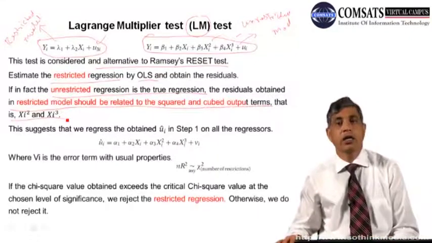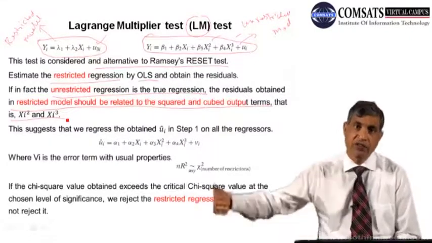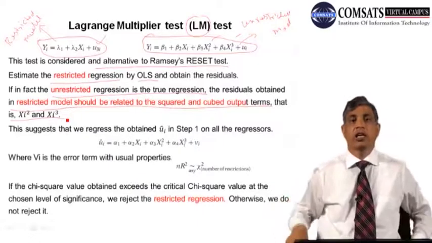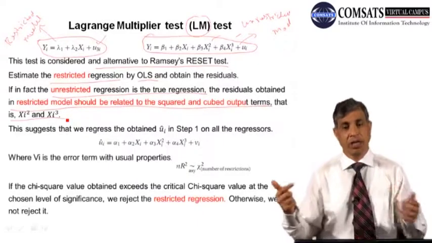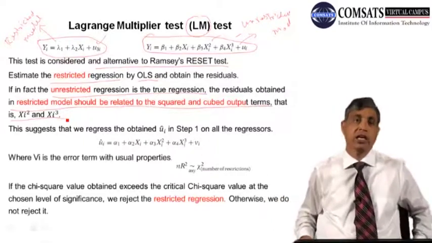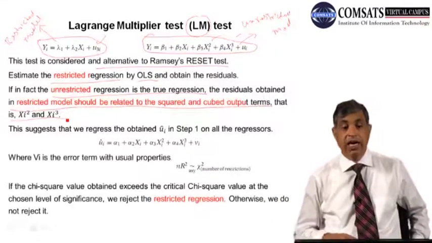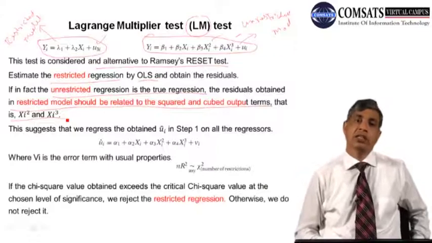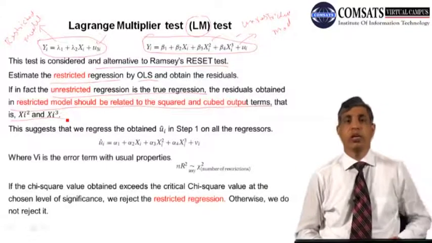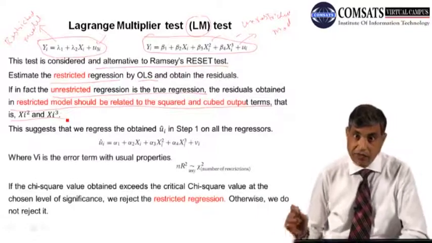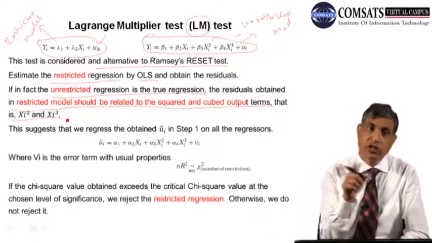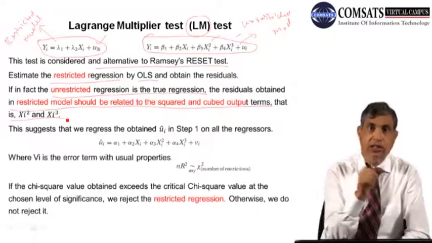Again, just another way to say the same thing, only the angle is changed, the target is the same. For example, Ramsey was trying to hit the target from 45 degrees, and the LM test, the Lagrange multiplier test, is going to hit the target from some other angle, you can say 60 degrees. Ramsey was saying that this is the true model.